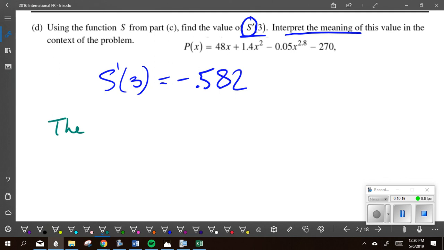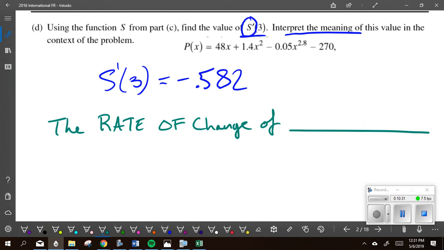Okay, this is one of the things that I want to draw up for that backboard. So if you're looking to score a point, this is one way of doing it. The rate of change of blank. That is what a derivative is. Derivative is a rate of change of something. It's the rate of change of blank is changing.